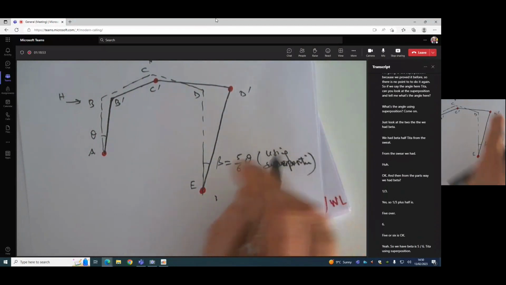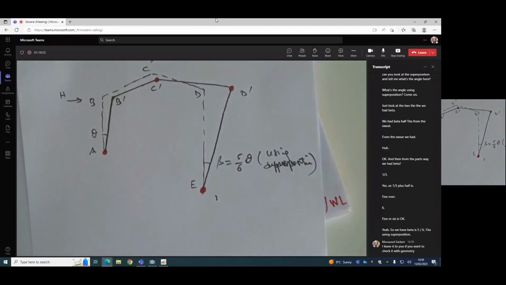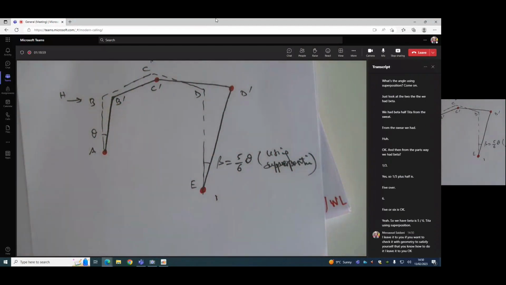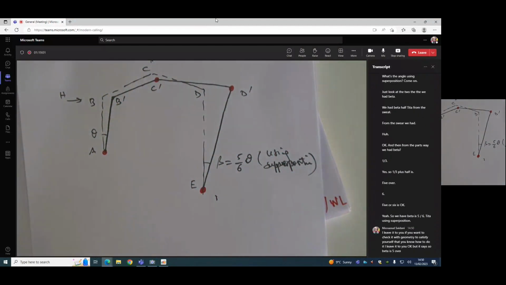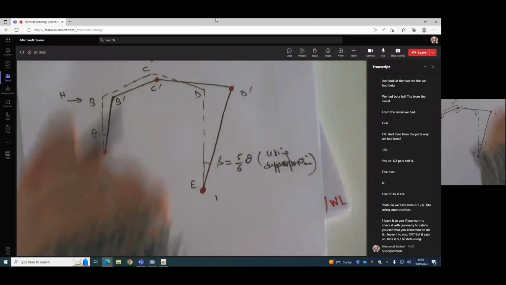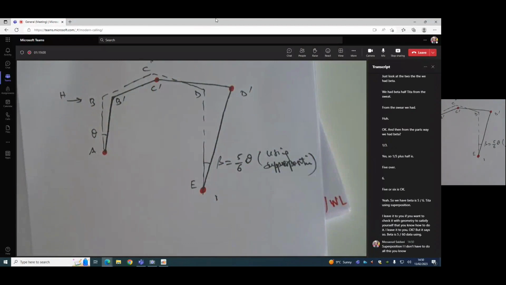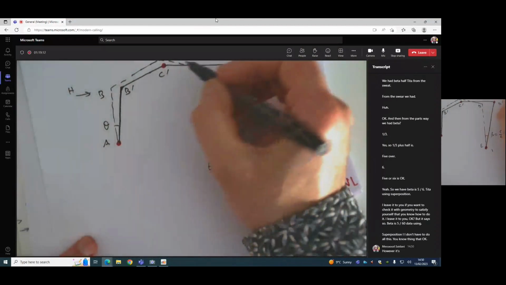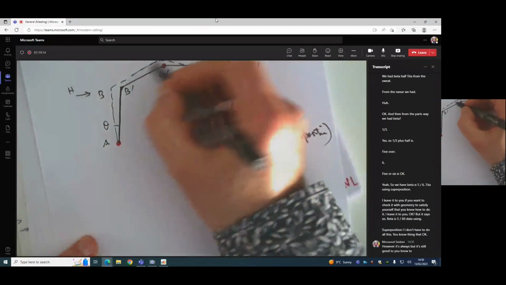So we have beta is 5 over 6 theta using superposition. I leave it to you if you want to check it with geometry to satisfy yourself that you know how to do it. I don't have to do all this there. However, it's still good to show.